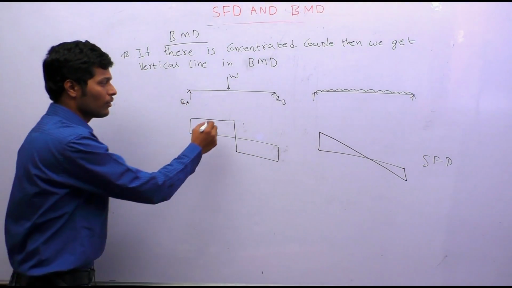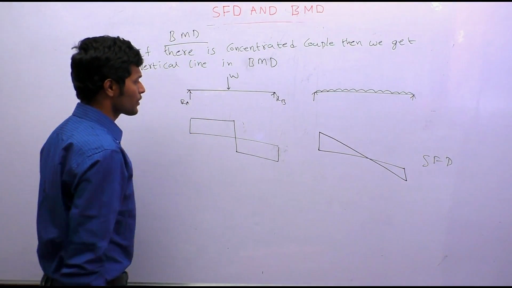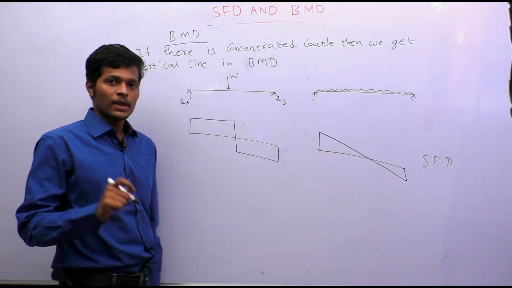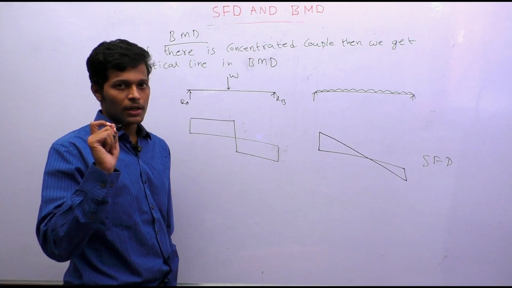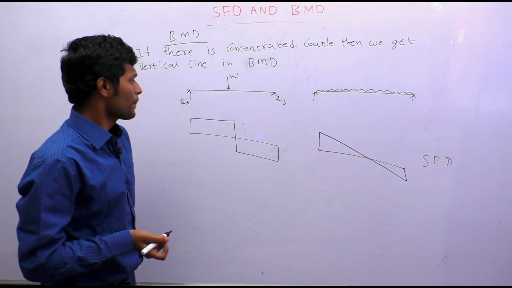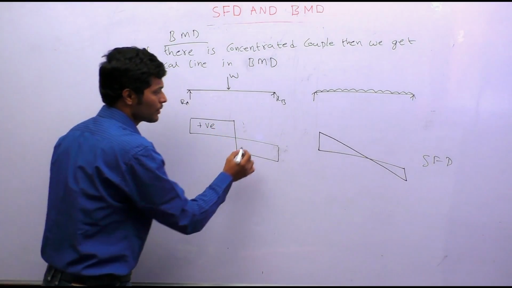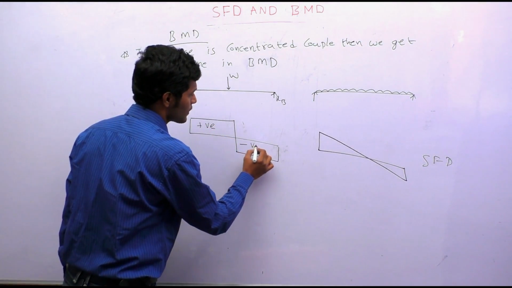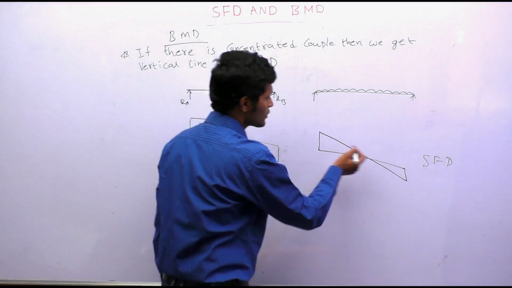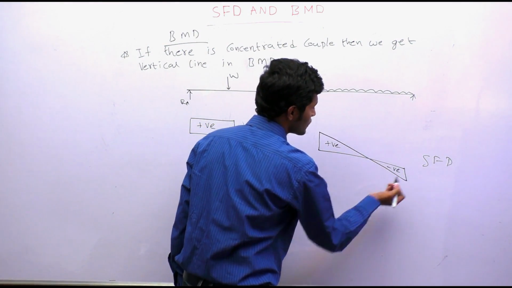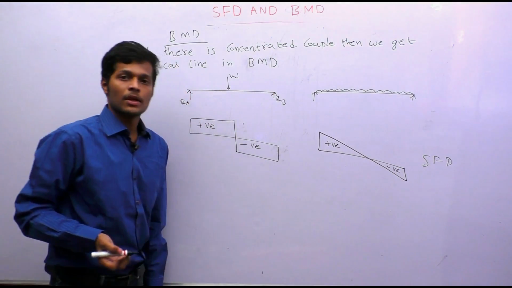Now we will see how to draw BMD diagrams from this. To draw BMD diagrams using the SFD diagram, I will tell you one shortcut, which is very useful. Here we can see the shear force is positive, here the shear force is negative. Here also the shear force is positive, and here negative.